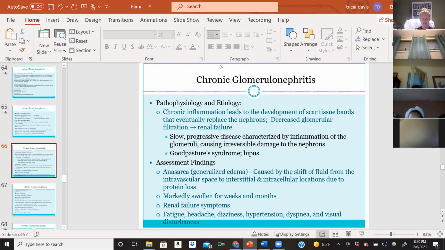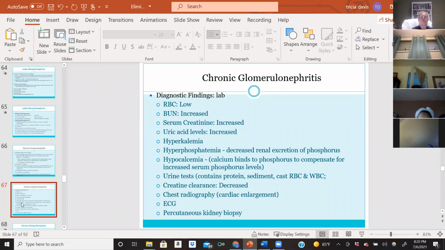You're going to see it on your test, where these patients can remain swollen for weeks, even months. They may present with renal failure symptoms. They also may present with fatigue, headache, dizziness, hypertension, shortness of breath, and visual disturbances as well.